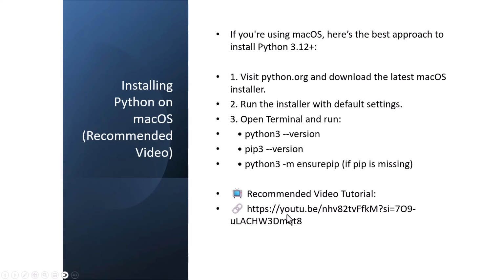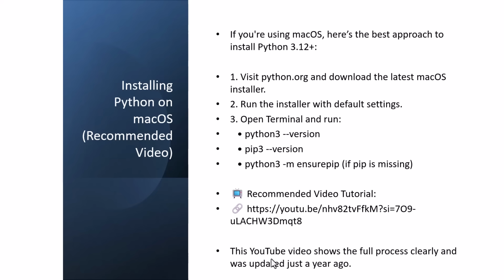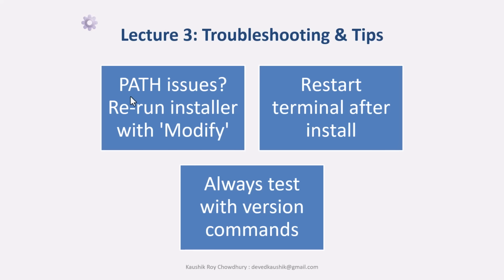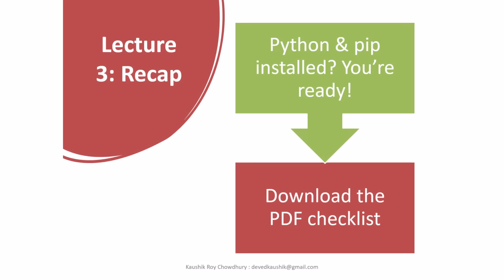Now this is the recommended video tutorial. It nicely explains everything. As it says, this YouTube video shows the full process clearly and was updated just a year ago. If you have path issues, rerun the installer with modify, and then restart the terminal after the install. Always test with version commands.